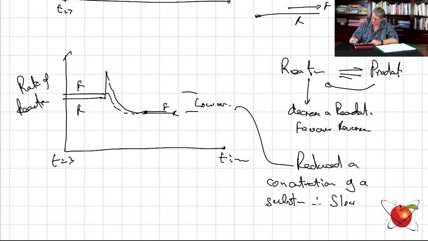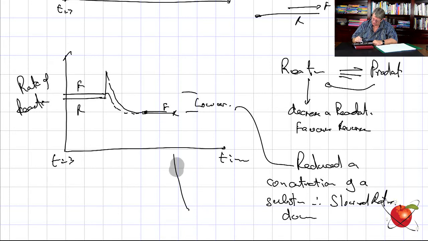Therefore, it slowed the rate down. We've slowed it down. So when I reduce a concentration, my reaction is going to slow down. For example, I could take away product.